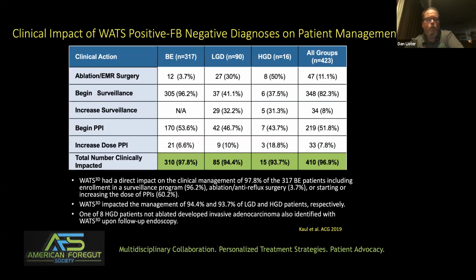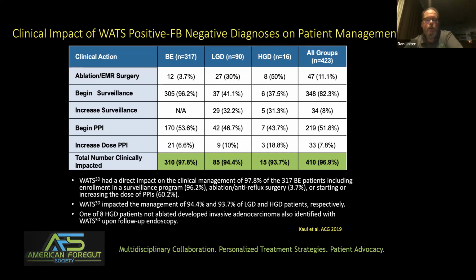We have seen that Watts definitely can change patient management. In this study, we looked at whether patients had ablation, increased surveillance, began on PPIs, increased their PPIs, and the total number of patients that were clinically impacted.